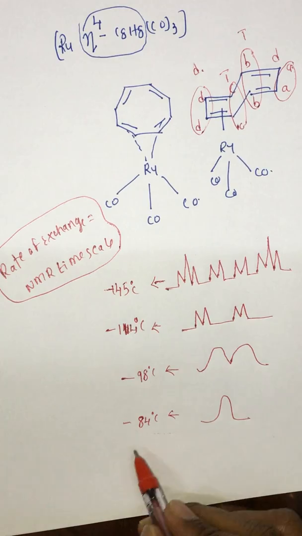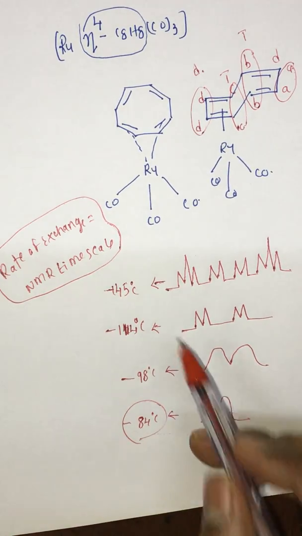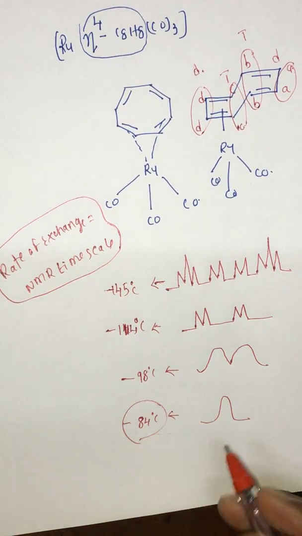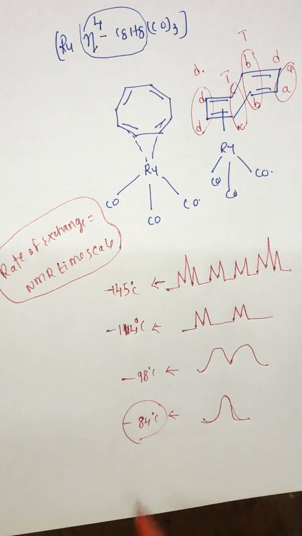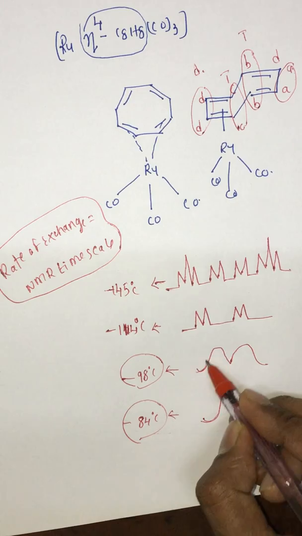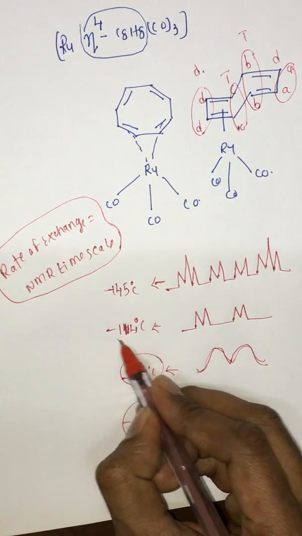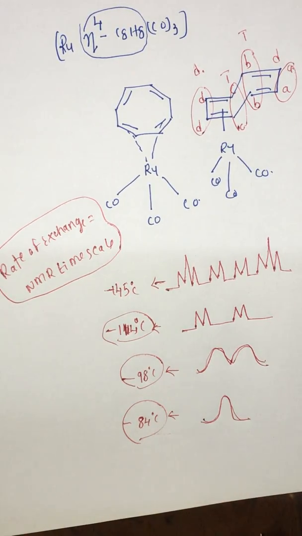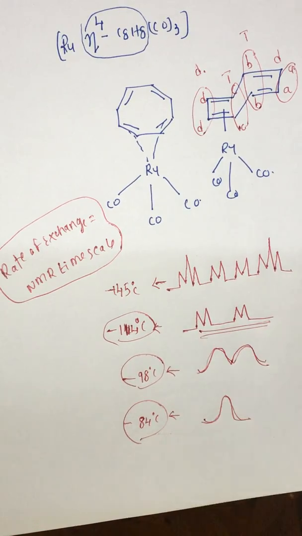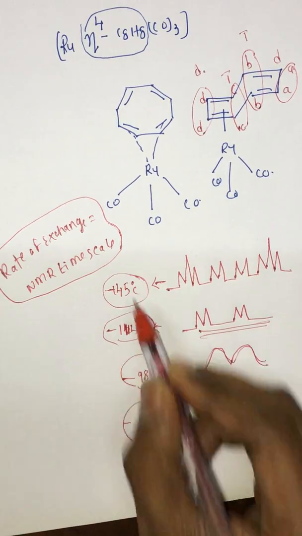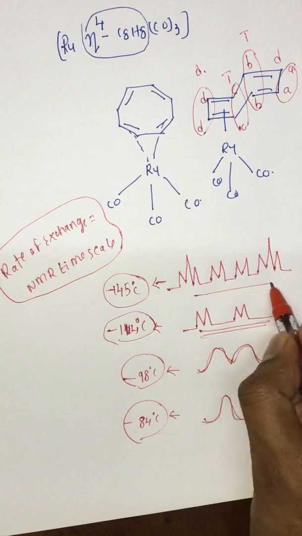So at minus 84 degrees centigrade, the rate of exchange was very fast, and because of that we get a broad singlet. At minus 98 degrees centigrade, it was a little bit slower, so we got a 2-line signal. At minus 114 degrees centigrade, we got a 4-line signal. At minus 145 degrees centigrade, we got this kind of spectrum.